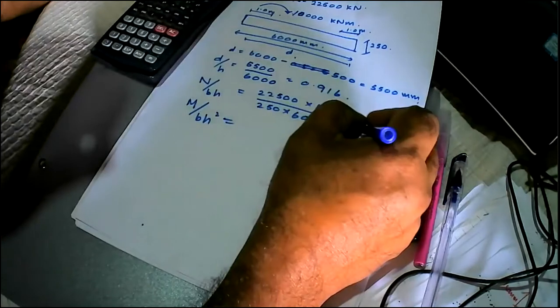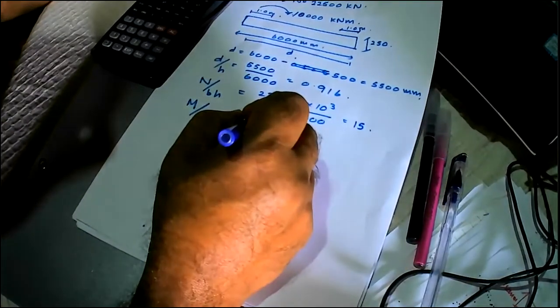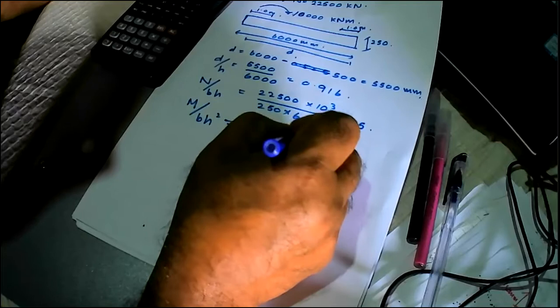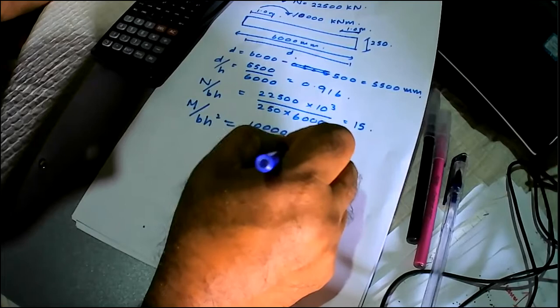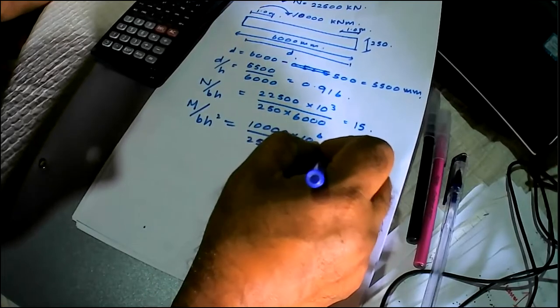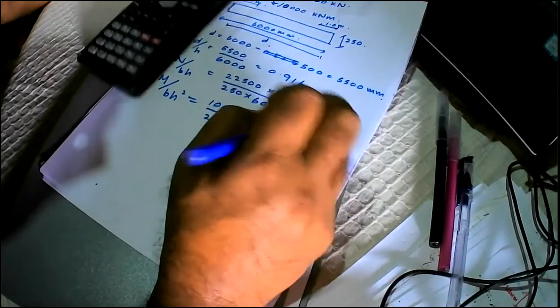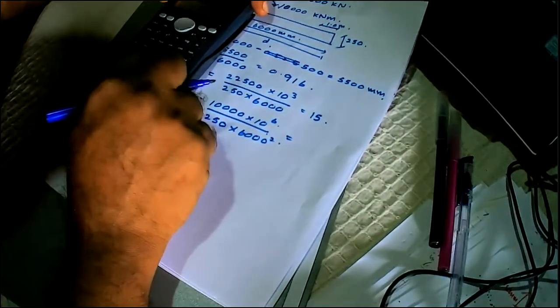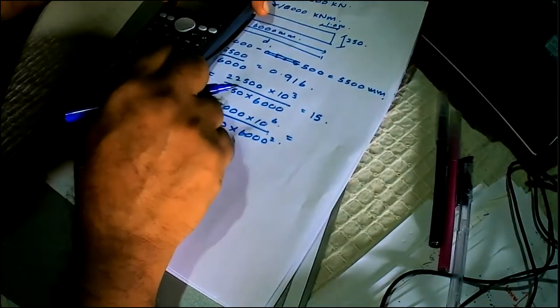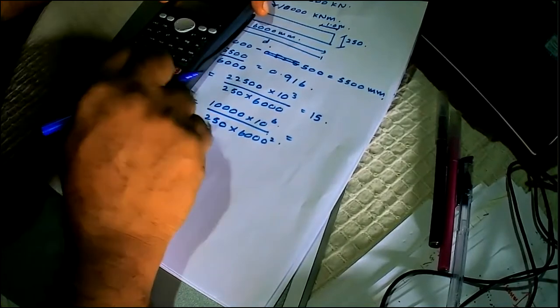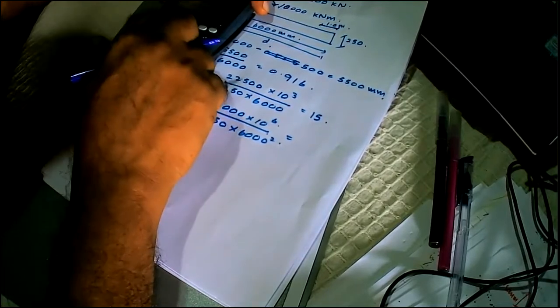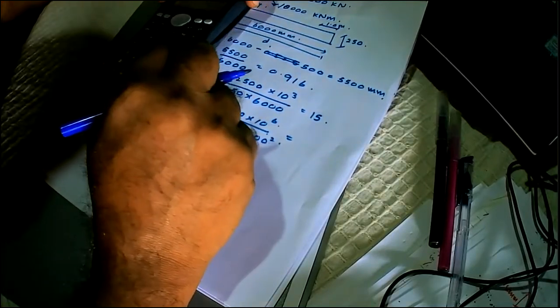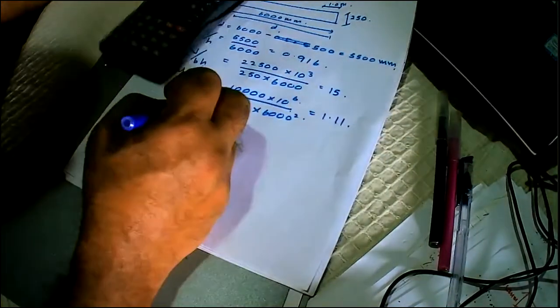So we get a value of 15. And the bending moment is 10,000 times 10 to the power 6 divided by 250 times 6,000 squared, and we get 1.11.